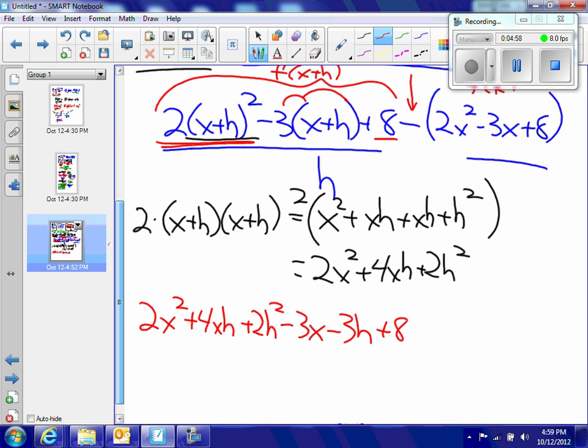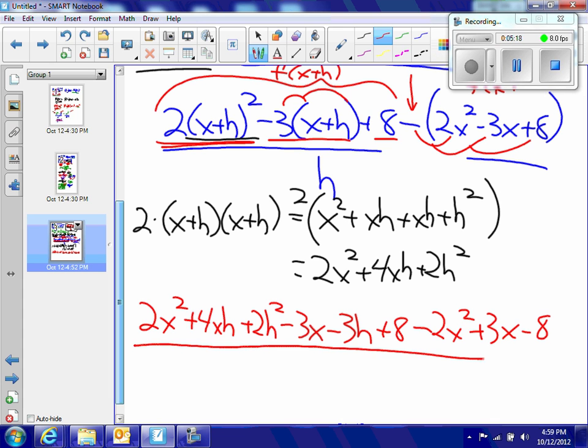That's still part of the thing I'm trying to simplify. Now I'm going to go minus, making sure I distribute my negative sign to all three terms here. So I have minus 2x squared plus 3x minus 8, and that is all over h.